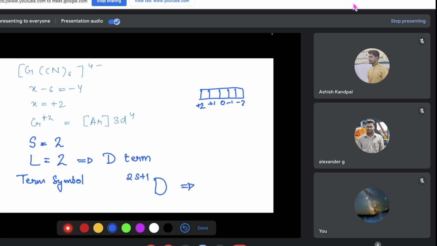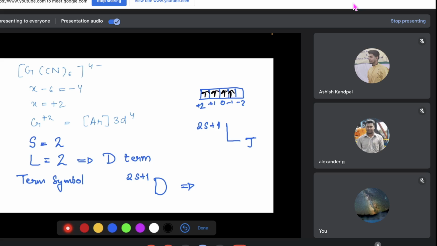So if I include J here, it will come as the suffix on the right hand side of the term. Again, as I have talked about, it is less than half filled, that is the D4 configuration, so the lower value of J will correspond to the ground state term, which is lower in energy.